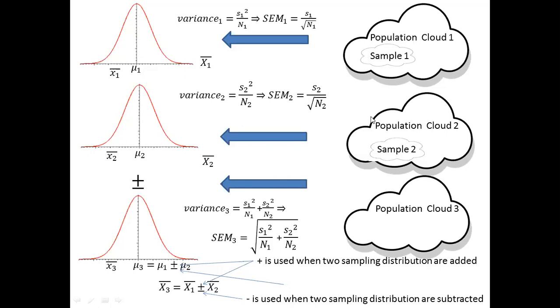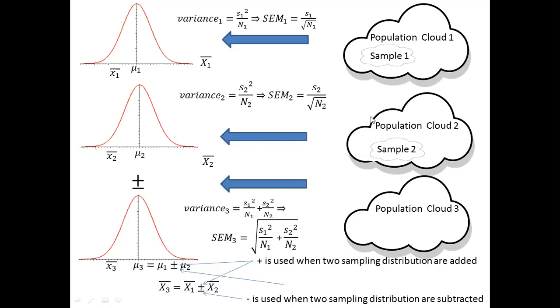If we are adding the two sampling distributions of the means, then the central value of this third population would be given as mu1 plus mu2, which are the respective population means of population 1 and population 2.